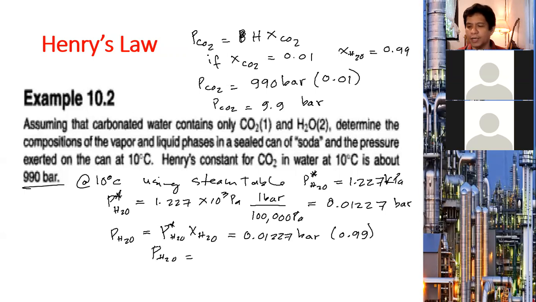From here, nakikita nyo how we're going to solve Y1 or Y2. 0.01227, dapat na-imagine nyo na yan kung paano. It's 0.0121 bar. Liit lang. Okay, so from here, you can calculate P total.